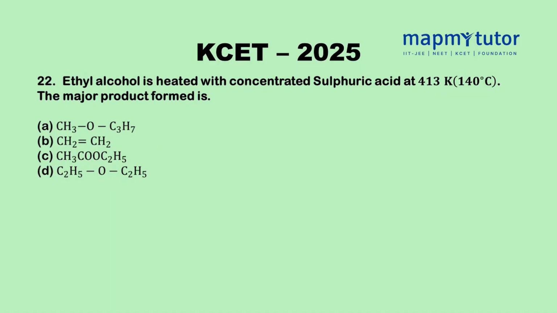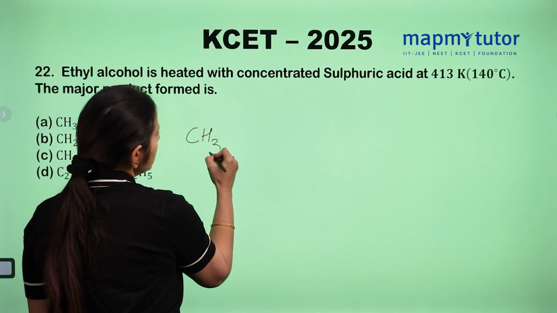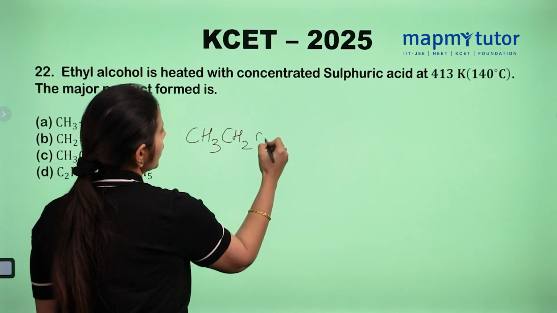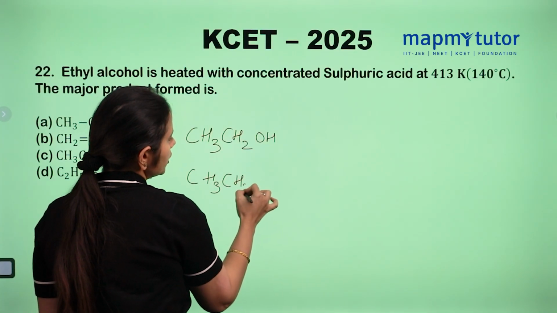Ethyl alcohol is heated with concentrated sulfuric acid at 413 Kelvin. The major product formed is ethyl alcohol? What is the formula for this? CH3CH2OH. Write it 2 times, CH3CH2OH.